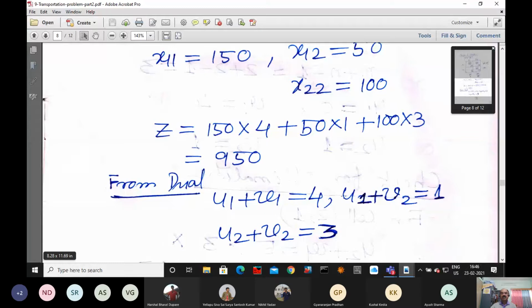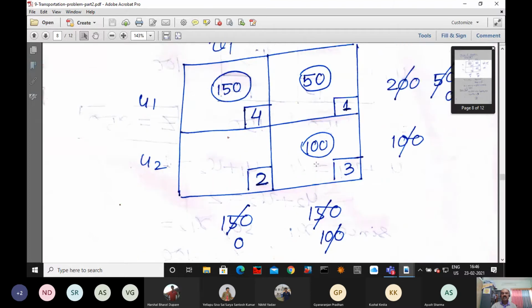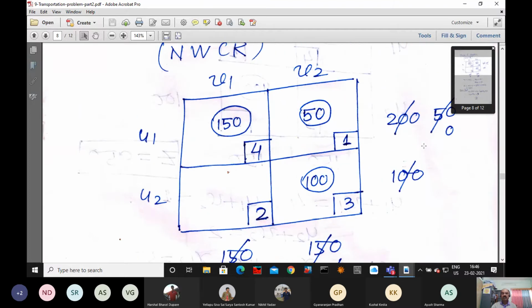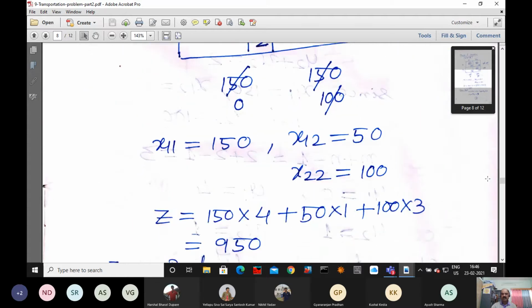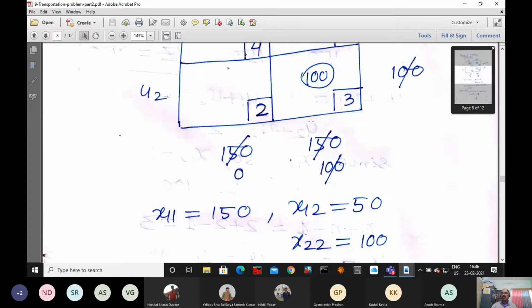Similarly, for the second cell, this is u1 plus v2, and it is equal to 1. So we have got u1 plus v2 equal to 1. For the third one we are not taking it because it is already 0. Which is 0? x21 equal to 0.